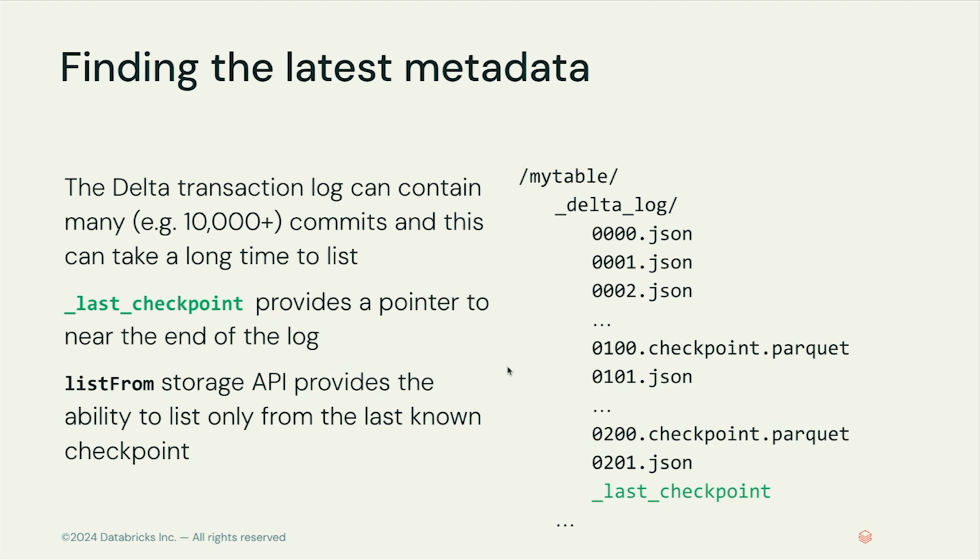So when we do all that listing, instead of listing from file 00000.json to 10,000 or 201 in this case, we can go to the latest known checkpoint and list from there. So all of these little tricks are being played to make all of this metadata super scalable, but also support some of your low latency queries that you're going to do.